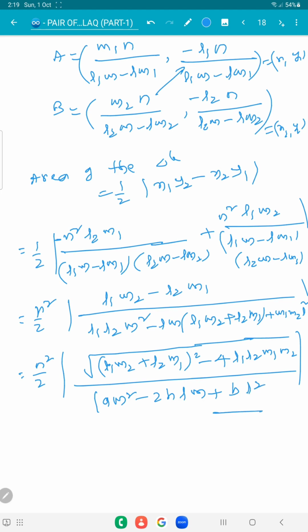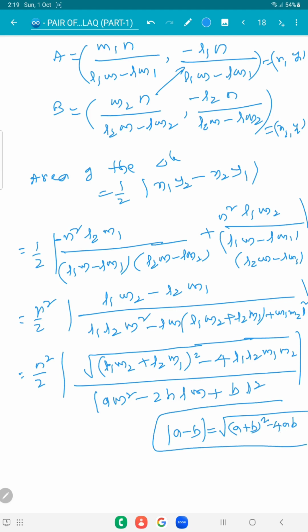The formula I used here is that mod a minus b is equal to root of a plus b whole square minus 4ab. So this is a minus b, a plus b whole square minus 4ab.